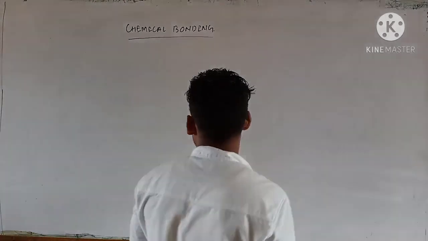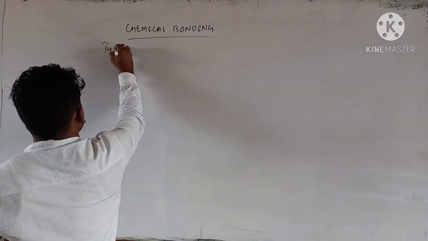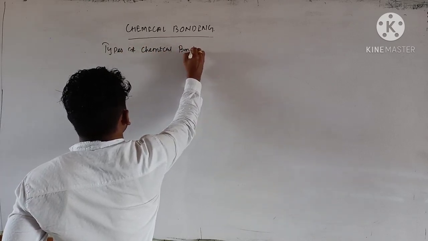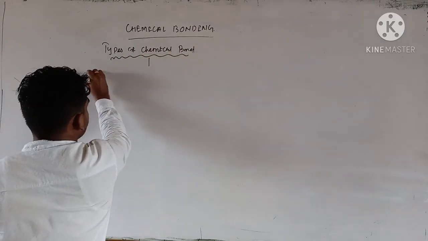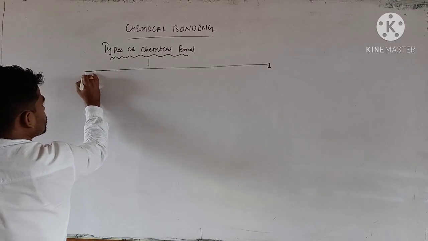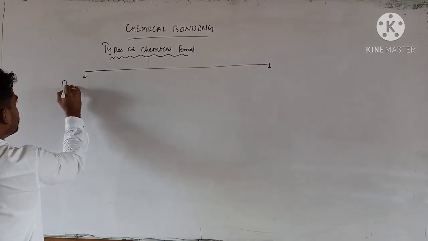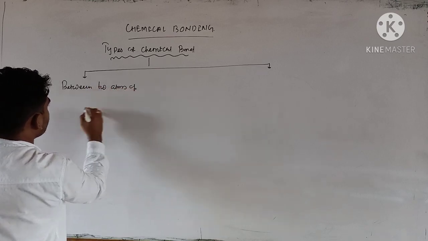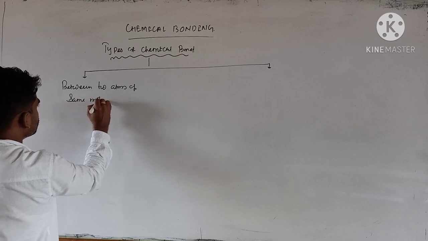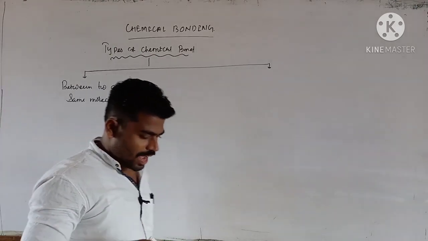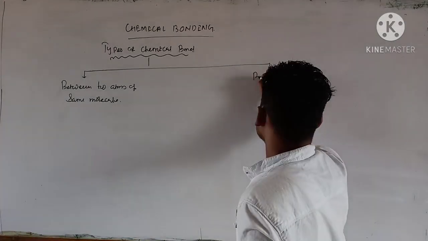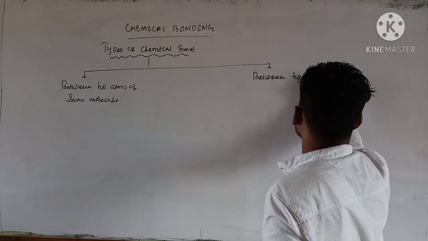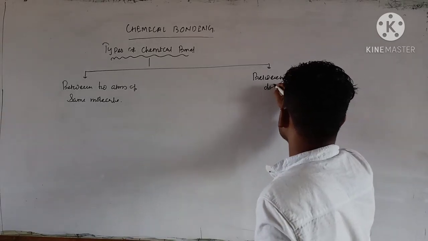Next we will consider types of chemical bond. It can be made on this basis: one category is between two atoms of the same molecule, and another category can be between two atoms of a different molecule.